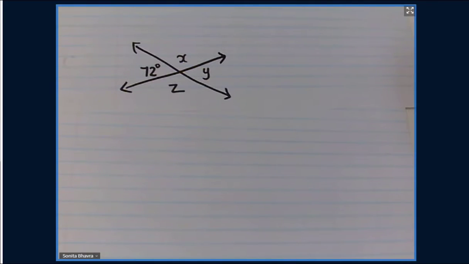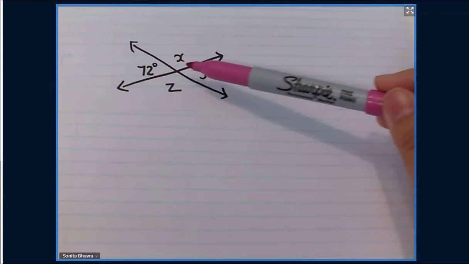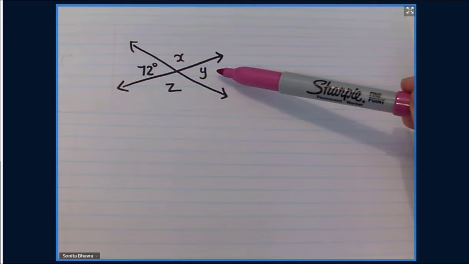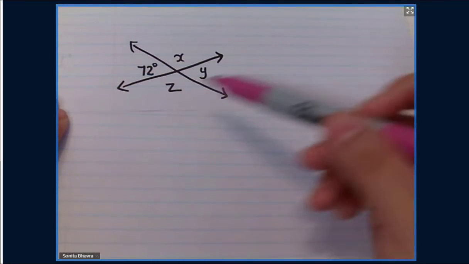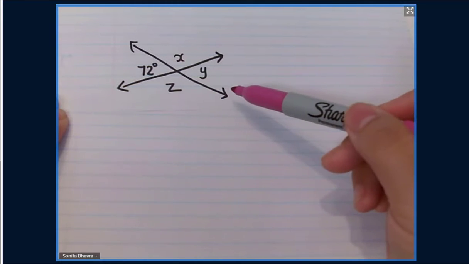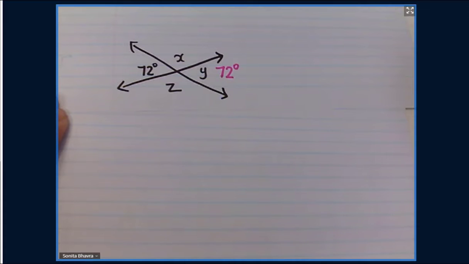So looking at this example, this is 72 degrees. The angle opposite is angle y. So because these are two lines that are intersecting, opposite angles will be congruent. Y will also be equal to 72 degrees. Now we have to figure out angle x and angle z.